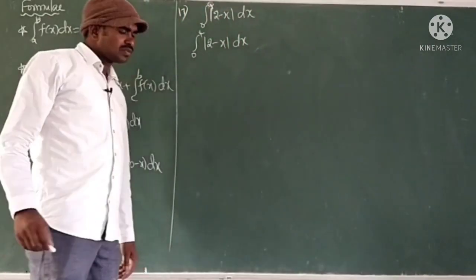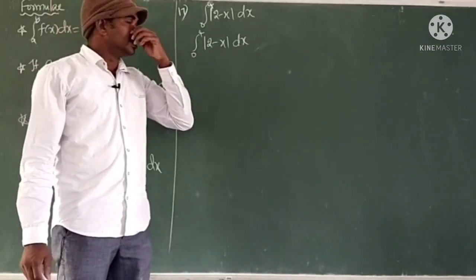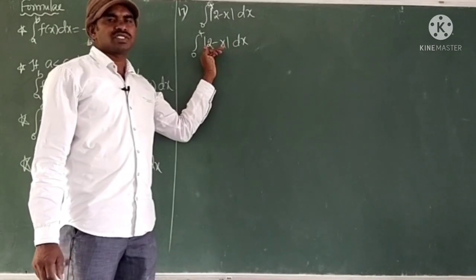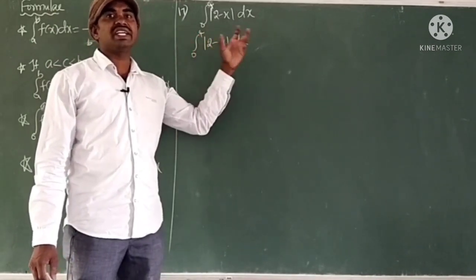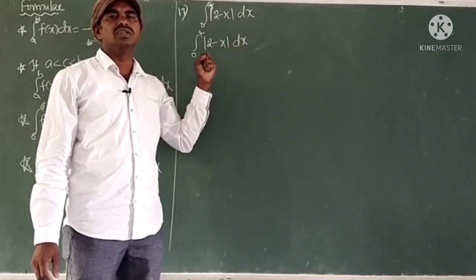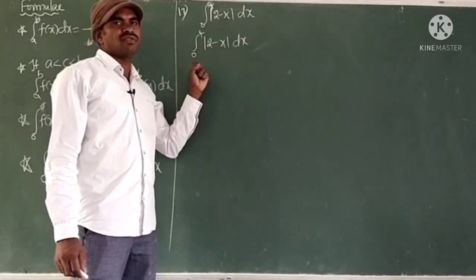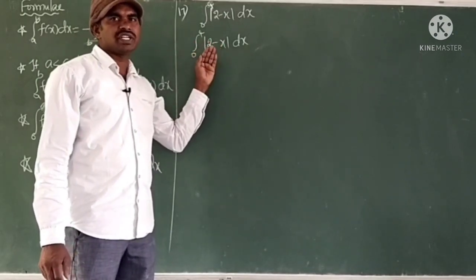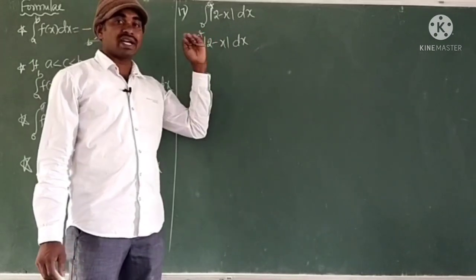The interval 0 to 4 is given. If you substitute 0, we get 2 minus 0, which is 2. We have to find when it is positive and when it is negative. Substituting 1 gives 2 minus 1, which is 1, positive. Substituting 2 gives 2 minus 2, which is 0, neutral. Substituting 3 gives 2 minus 3, which is minus 1.